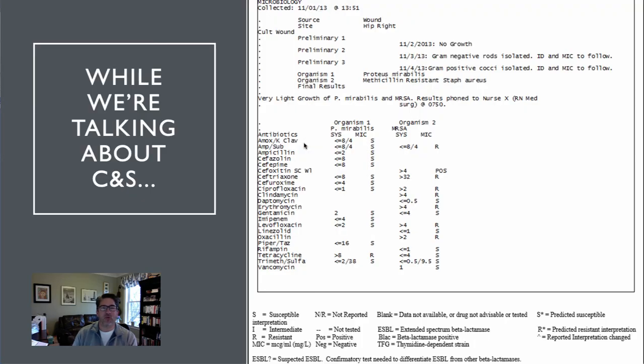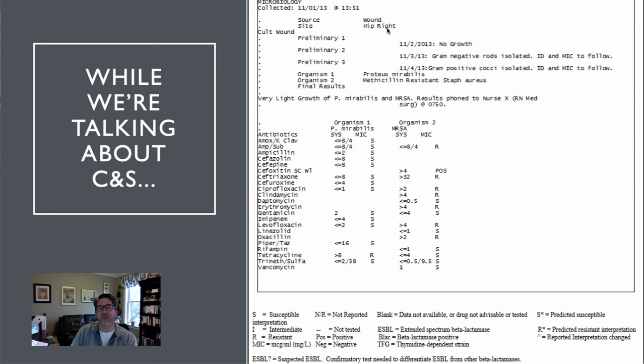So let's look a little bit more in depth at these reports of sensitivity. In this case, we're looking at a report that is a finalized report. It says final results here. And we found that the source of this information is from a wound.